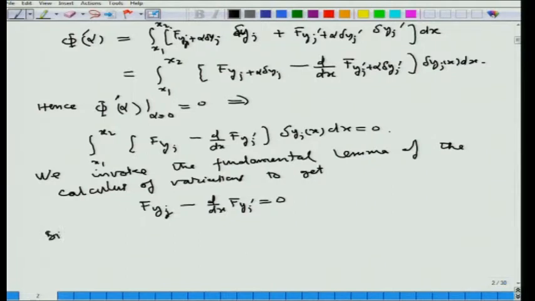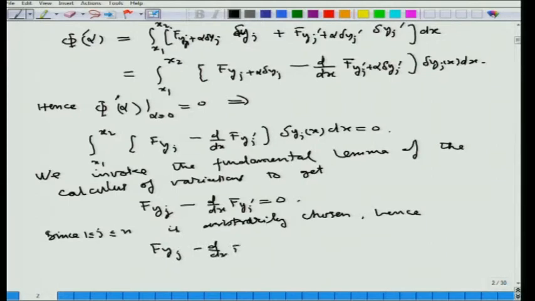Since j lies between 1 and n and is arbitrarily chosen, hence f_{y_j} minus d by dx f_{y_j'} is 0 for j equal to 1, 2 and so on up to n.